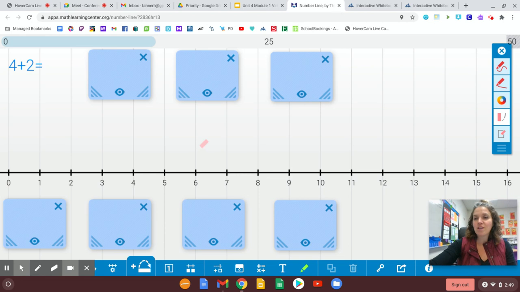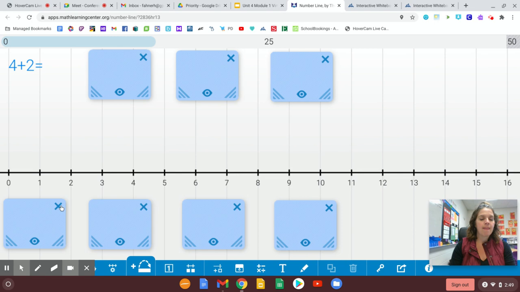But I told you we're not only going to add, but we're going to subtract. So let's take a look at a subtraction problem. This one says 6 minus 2 equals blank. What number am I going to start on if it says 6 minus 2?